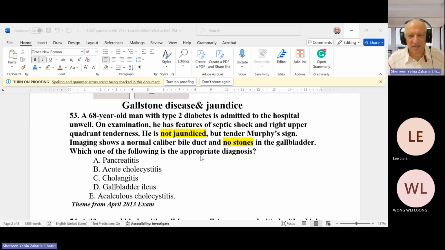And sometimes infection, whatever infection in the common bile duct or cholecystitis, can be complicated by what we call ascending cholangitis, and can cause septic shock. But usually with ascending cholangitis you have jaundice, but this patient has sepsis without jaundice, so maybe he has sepsis due to another cause. So the appropriate diagnosis for this patient, what could it be?